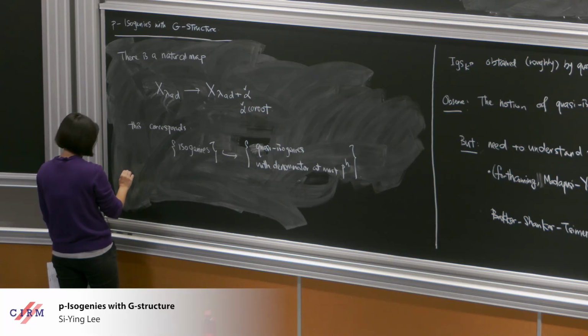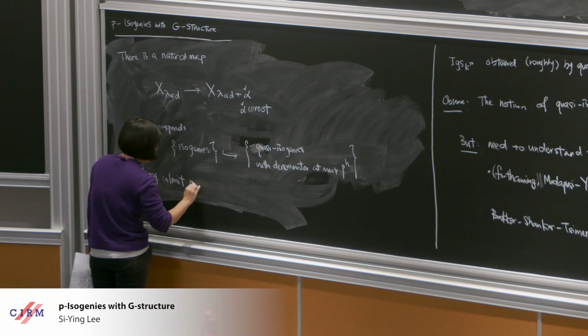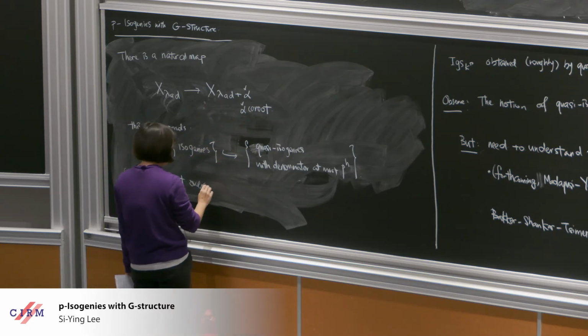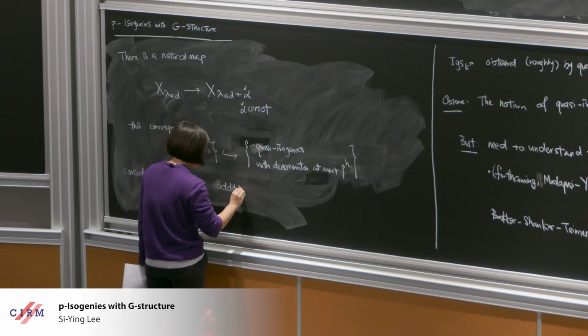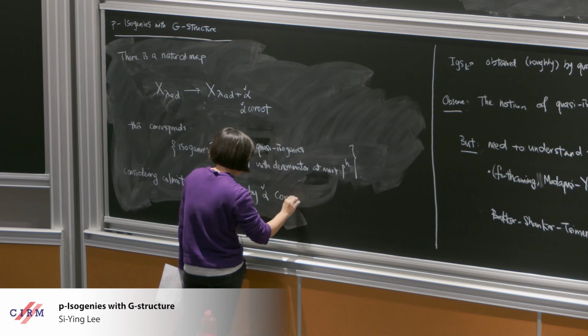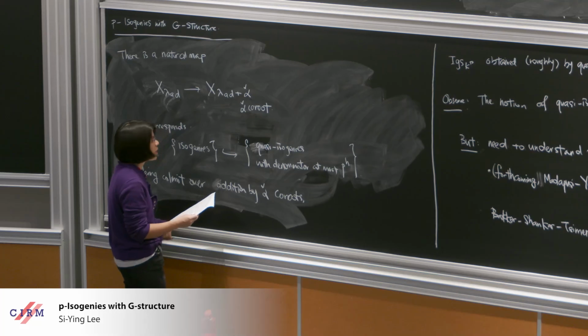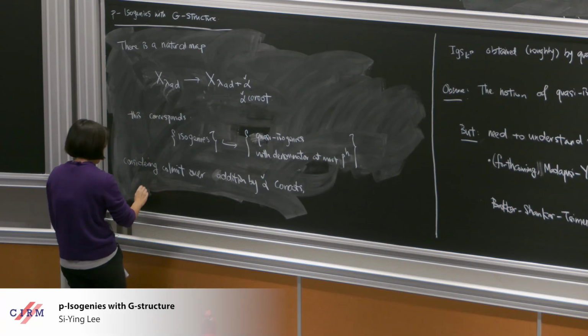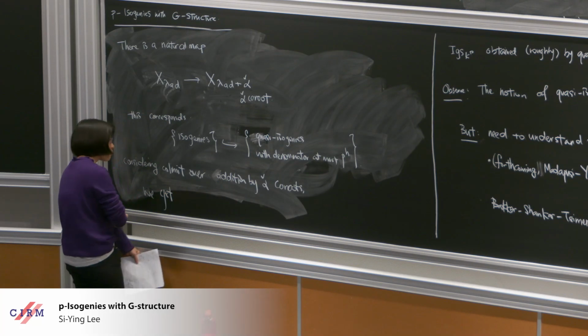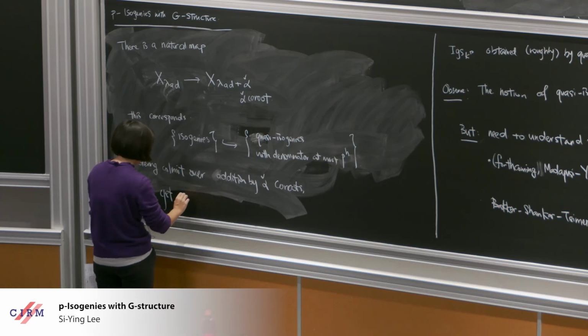So by analogy, if we consider the colimit over this process where you sum over addition by these alphas, these coroots, then what you get is a space, a stack, the stack of quasi-isogenies.